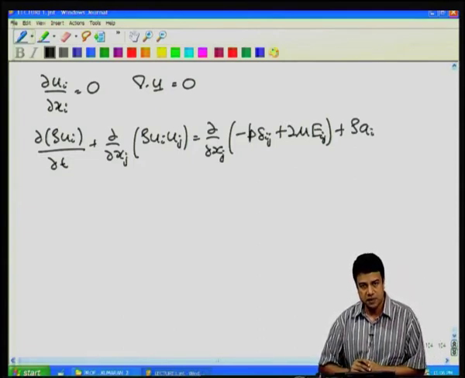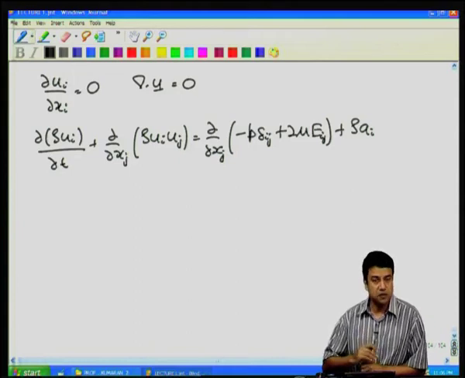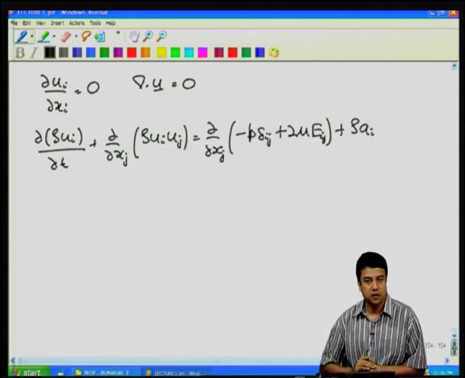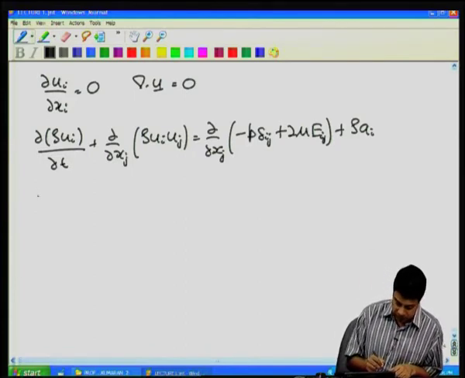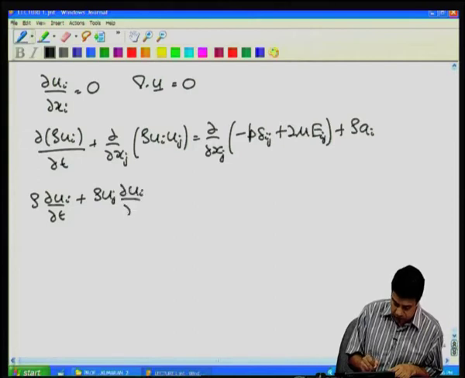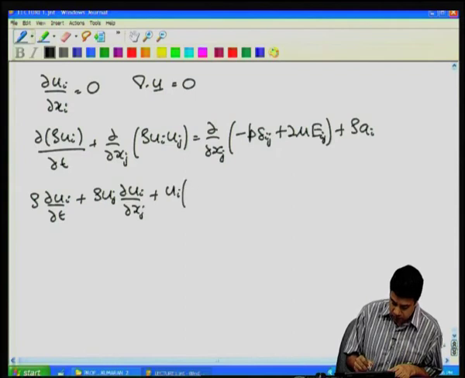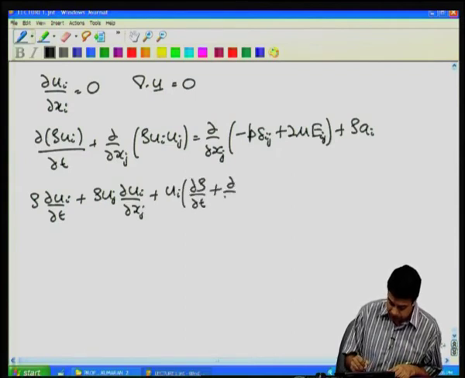And this can be simplified a little bit. As you know, if I subtract out ui times the mass conservation equation from this, I can expand out the left hand side to get rho partial ui by partial t plus rho uj partial ui by partial xj plus ui into partial rho by partial t plus partial by partial xj of rho uj.